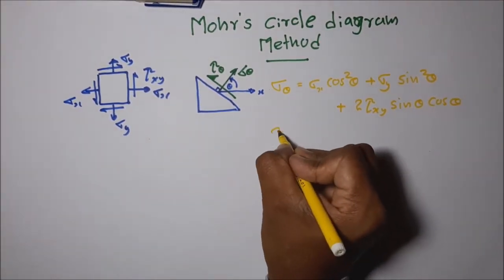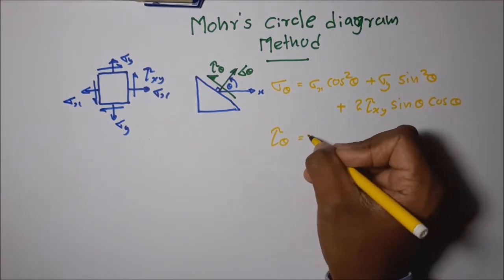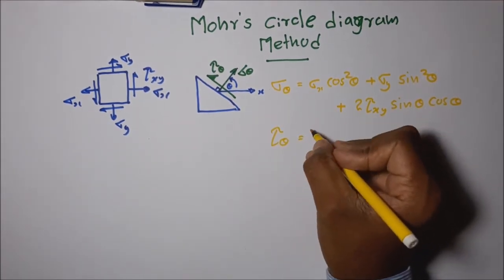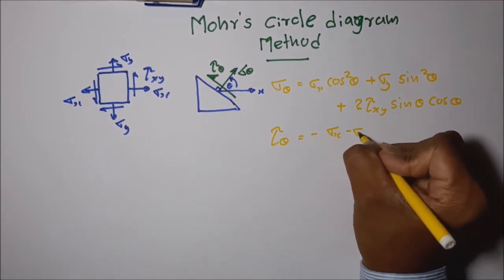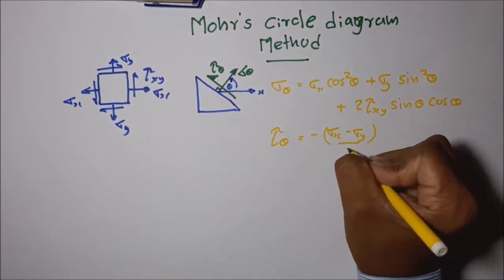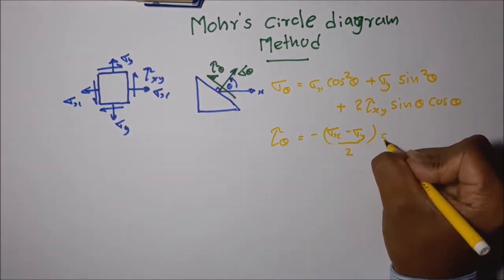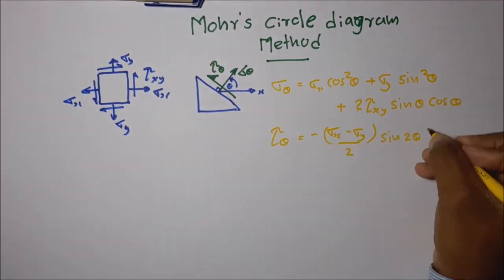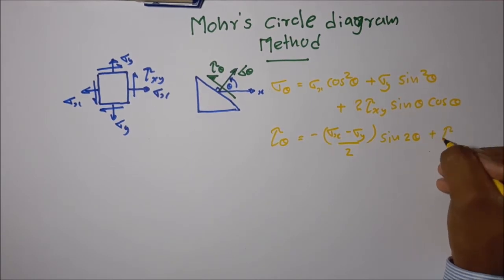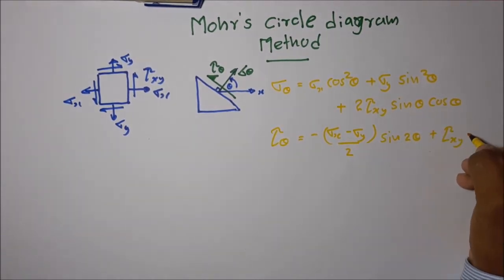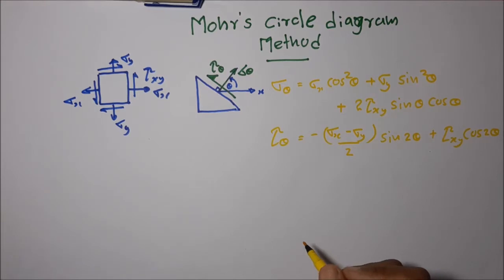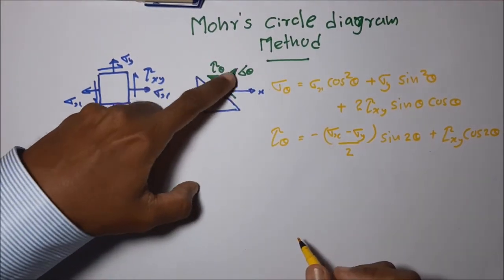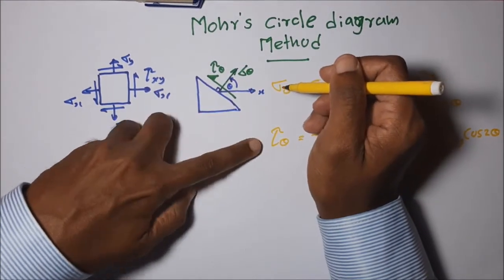Then for tau theta, the equation is tau theta is equal to minus (sigma x minus sigma y) divided by 2 sin 2 theta plus tau xy cos 2 theta. These are the two equations we can use to find sigma theta and tau theta.